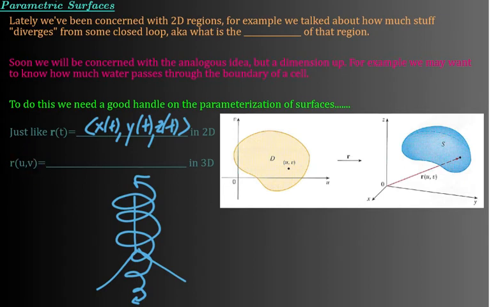a two-dimensional surface. So a two-dimensional surface graphed in 3D, much like a one-dimensional object graphed in 2D or 3D or higher. You're going to see some connections between what we've done before and where we're going with this eventually.